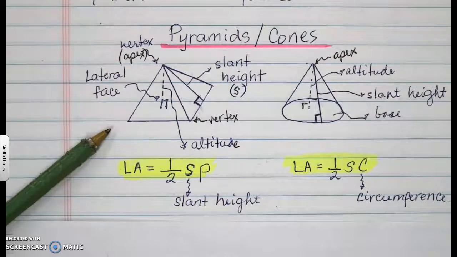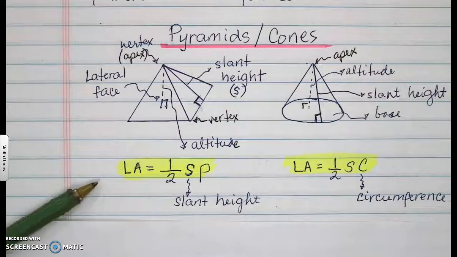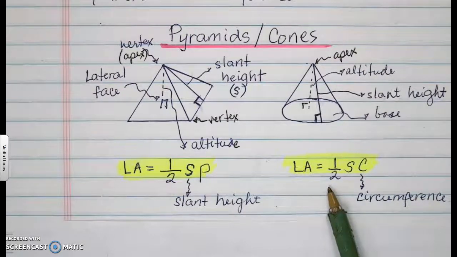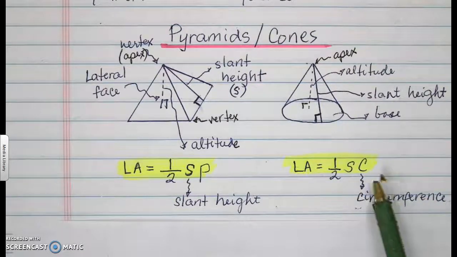So let's now begin discussing the lateral area of both. Looking at the pyramid, the lateral area is 1/2 slant height times its perimeter. Notice that in the case of a cone, we have a very similar formula in finding the lateral area of a cone. It's 1/2 slant height times circumference.